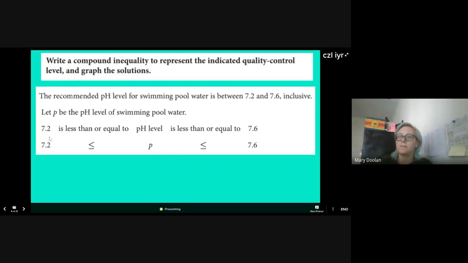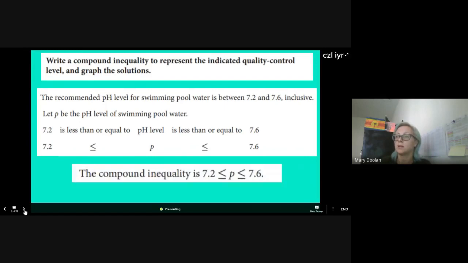So 7 2/10 is less than or equal to whatever the pH level is, less than or equal to 7 6/10. So this is what the compound inequality would look like: 7 2/10 is less than or equal to P, which is less than or equal to 7 6/10. So it includes all values inclusive of the two end values and everything in between.